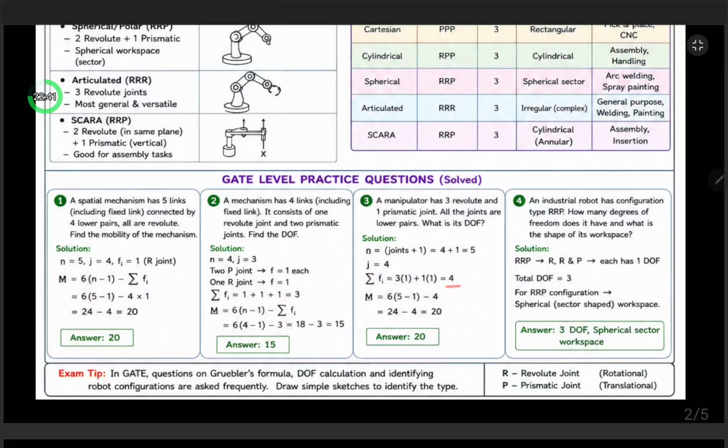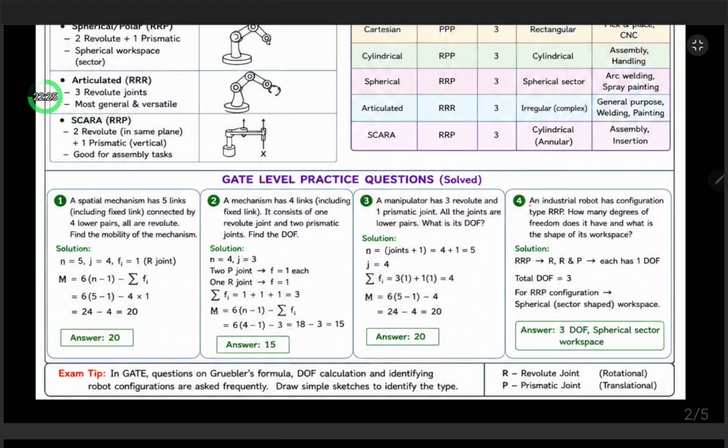So the summation will come to 4. Now by the formula, 6 into (n minus 1) minus 4, you will get the answer.